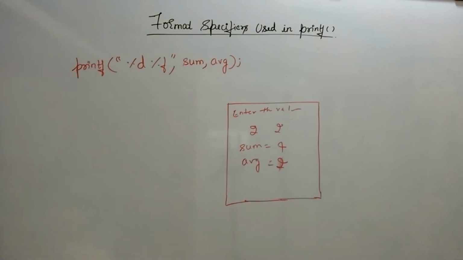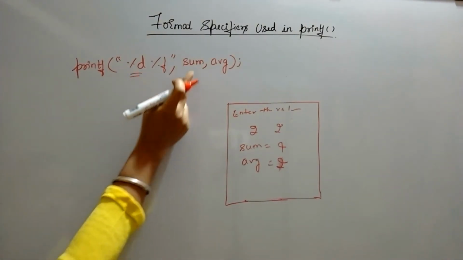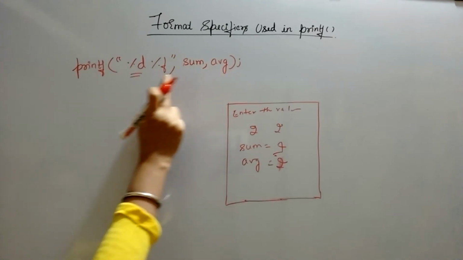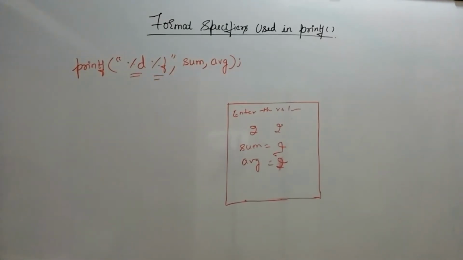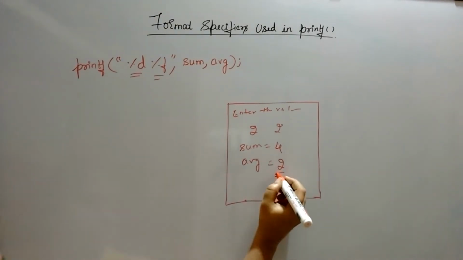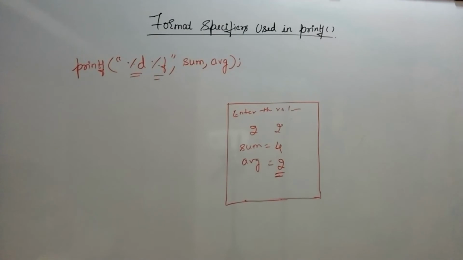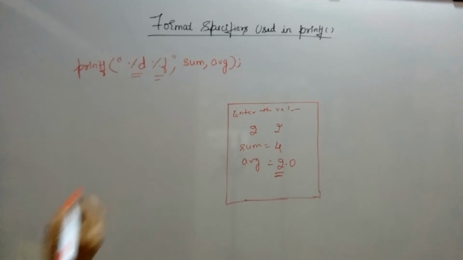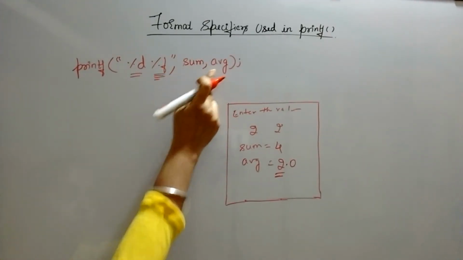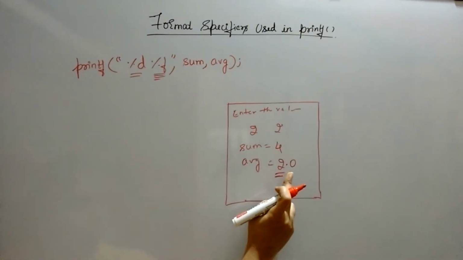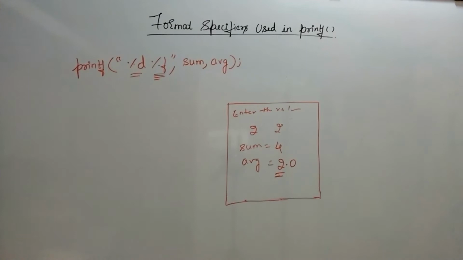The format specifier I am using for sum is %d, meaning it should be an integer. For average I am using %f. Now this 2 is an integer, but it will be converted to a decimal value, so you get average as 2.0, because you have mentioned %f for average. Even though you get an integer value, it will be converted to floating point.